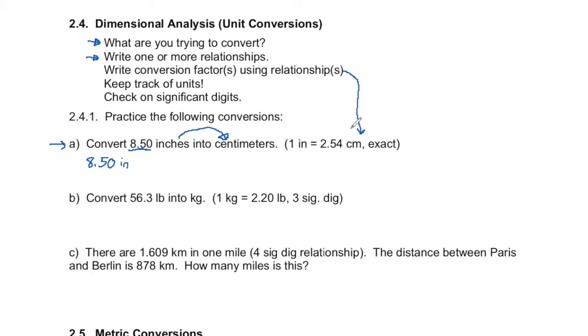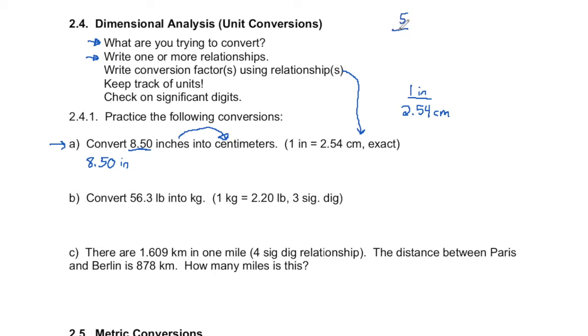What we need to do is use this relationship to write a conversion factor. A conversion factor is a fraction that has the numerator equal to the denominator. So since 1 inch equals 2.54 centimeters, 1 inch over 2.54 centimeters would equal 1.